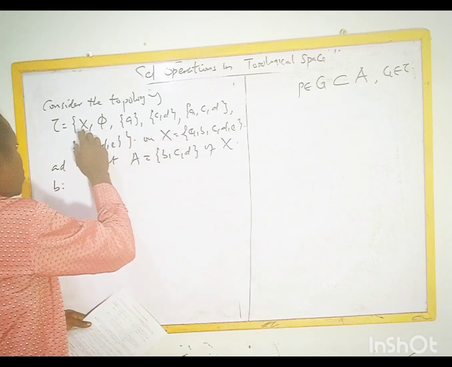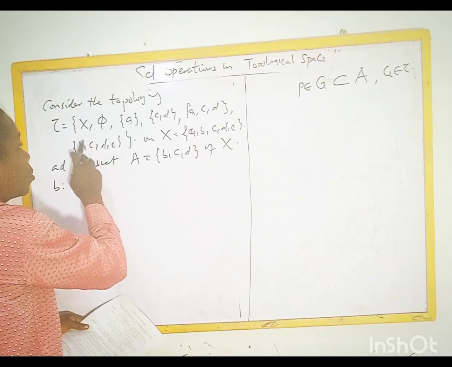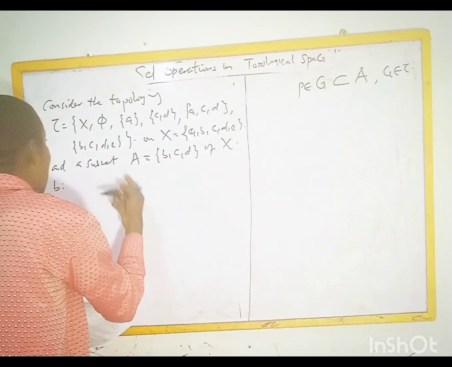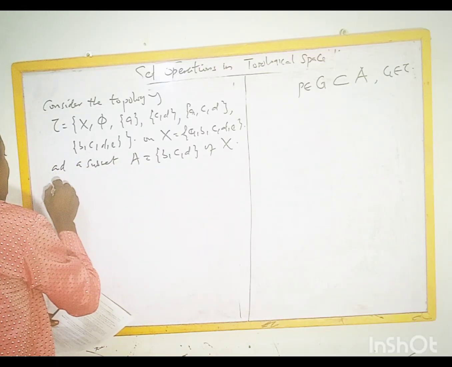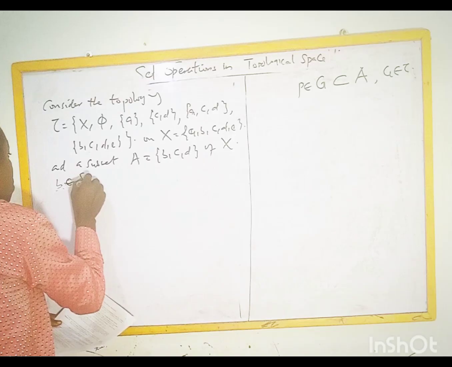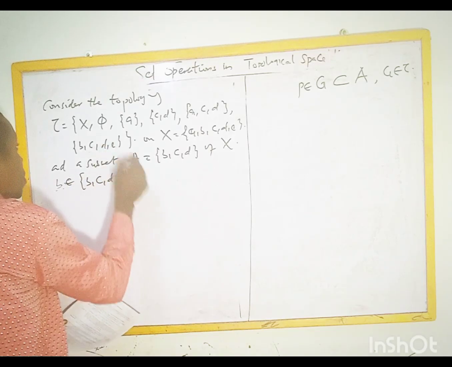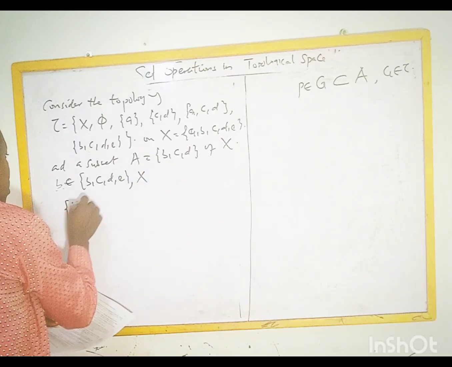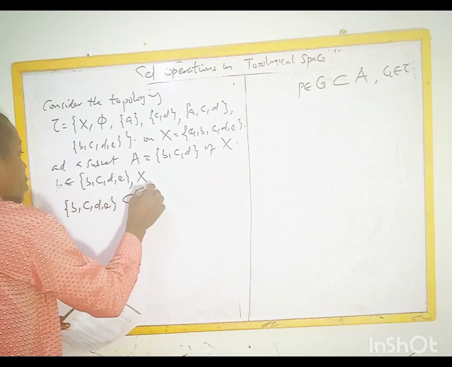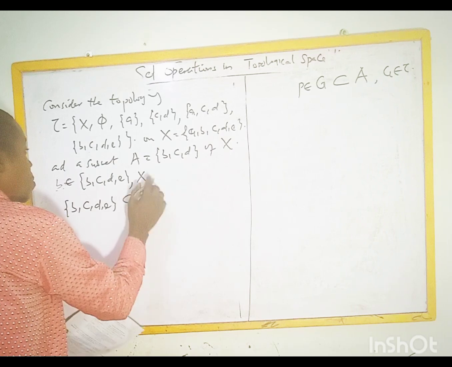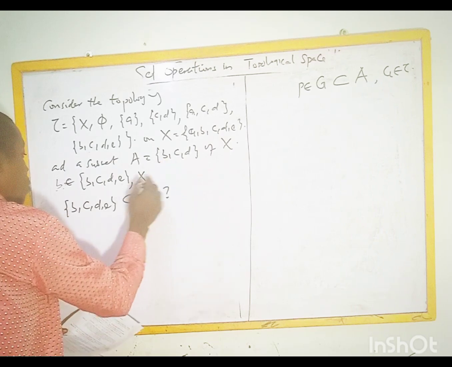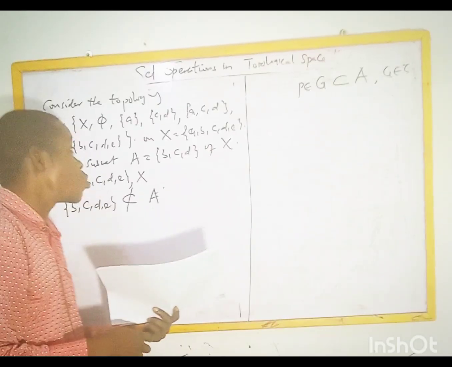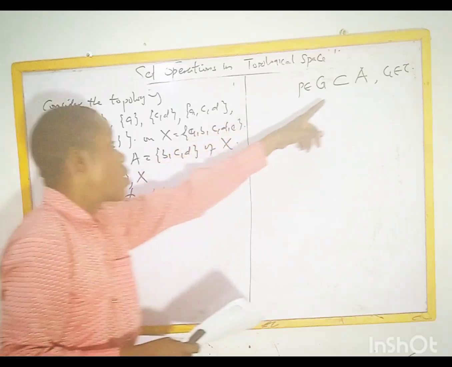The open sets containing B are B, C, D, E and X. But is {B, C, D, E} a subset of A? No, it's not. So B cannot be an interior point, because there is no open set containing B that is contained in A.